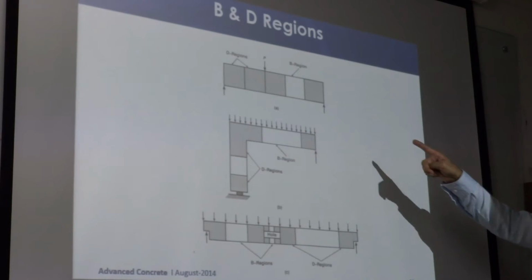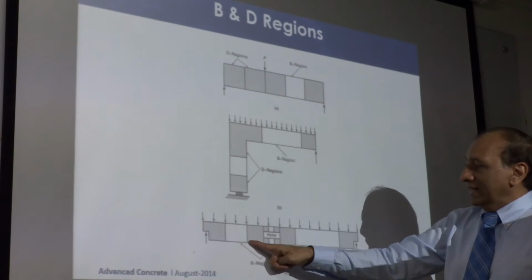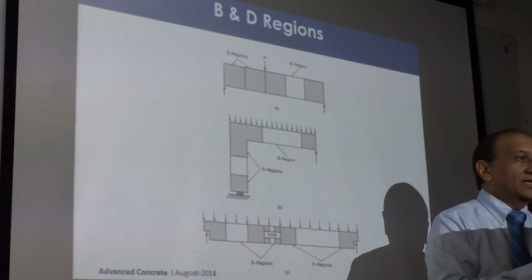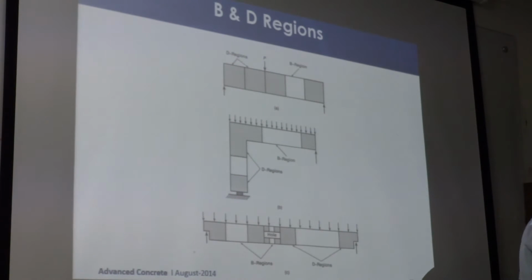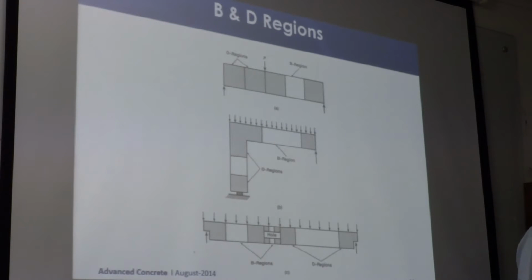So we can divide members into B regions and D regions, and then you will find later that whatever we have studied so far about the bending theory and whatever we have studied for shear only applies to B regions, does not apply to D regions, right? We have a separate lecture on D regions that we will talk about.